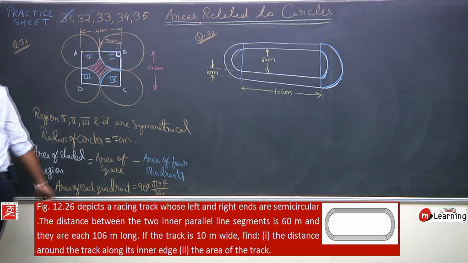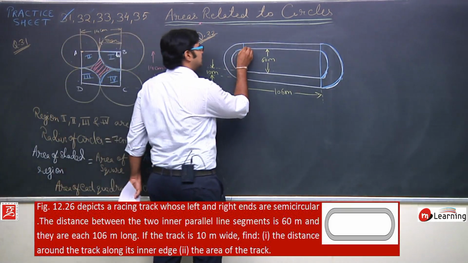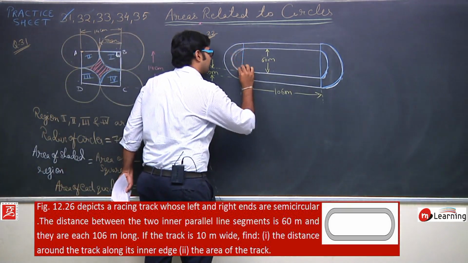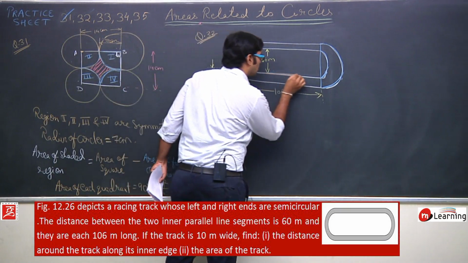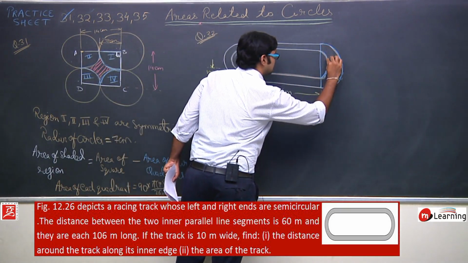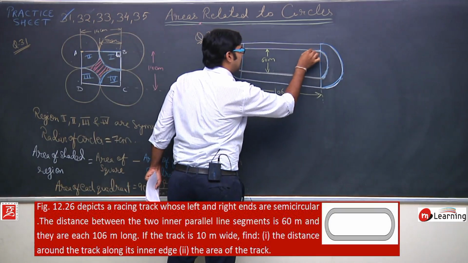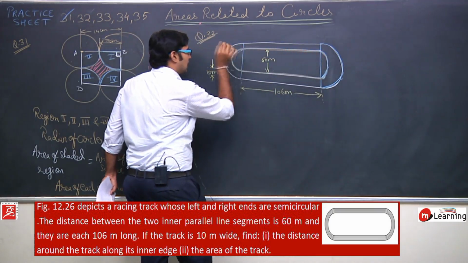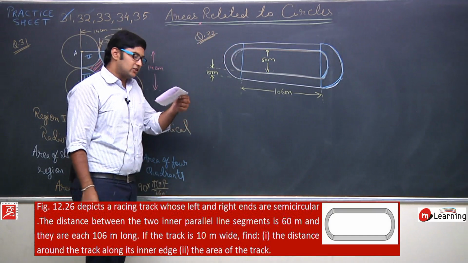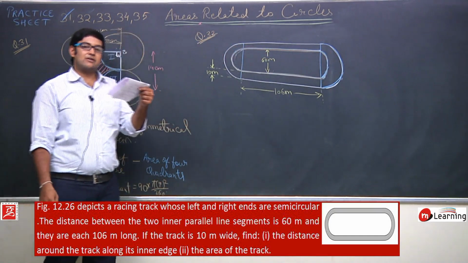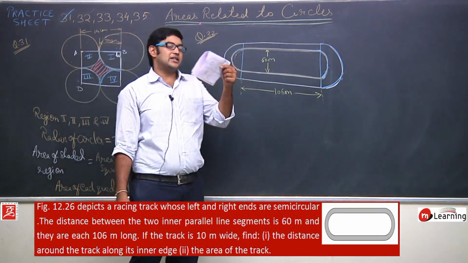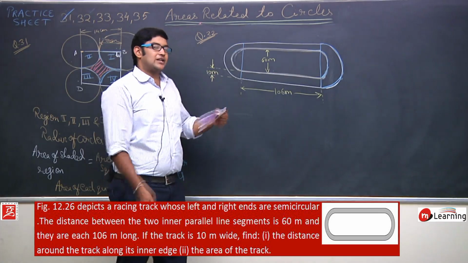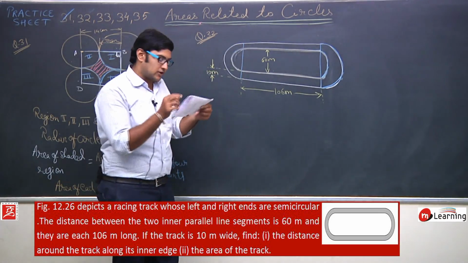Let me mark the distance. This distance, or I should say the length of the inner track, is what is required. Then the second thing you need to calculate is the area of the track. So let us focus on the first question.